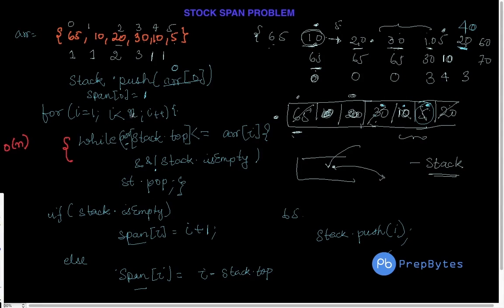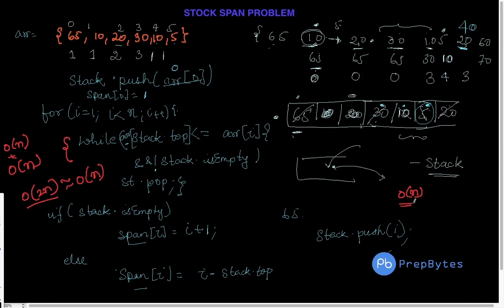The time complexity for this loop is O of n. So the total time complexity is O of 2n, which is O of n. And the space complexity, as you can see, is going to be O of n. So this is how we can solve this particular problem.